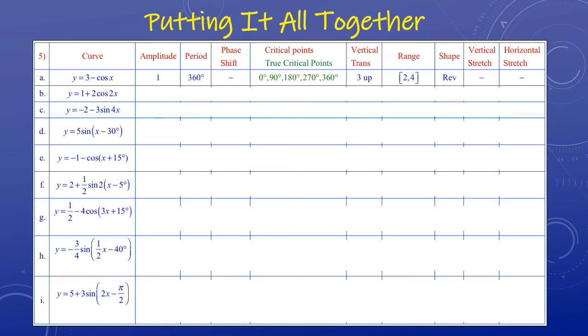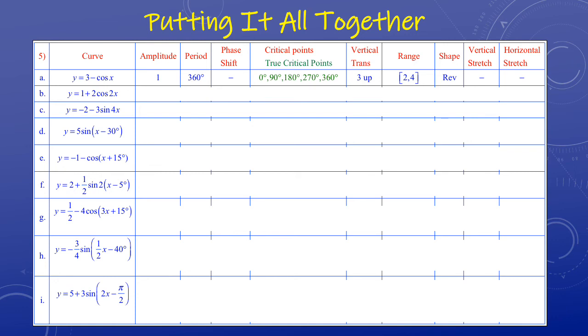A reads y equals 3 minus cosine x. The coefficient of the cosine function is -1, so the amplitude is 1. The coefficient of the x is 1, and therefore the period is 360 degrees. There is no phase shift, so the critical points and true critical points are 0, 90, 180, 270, and 360.